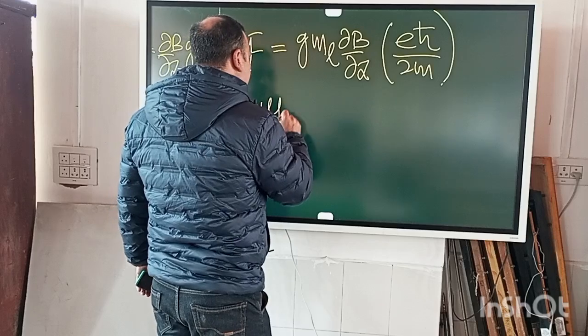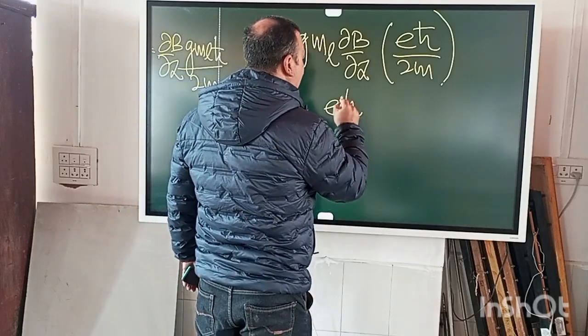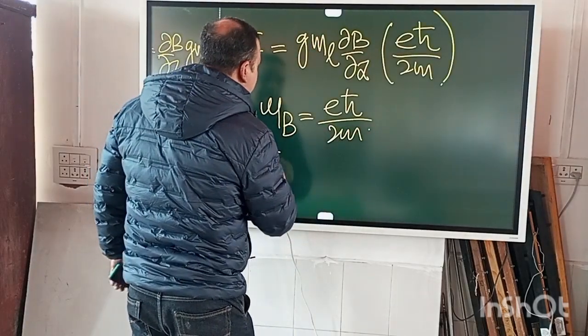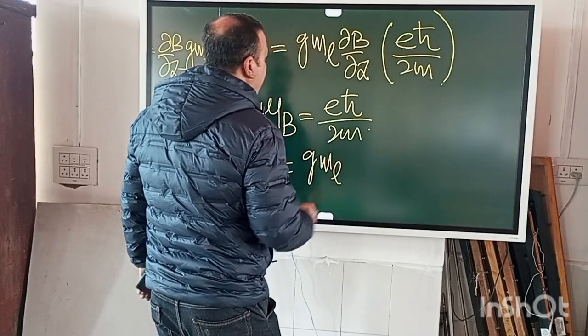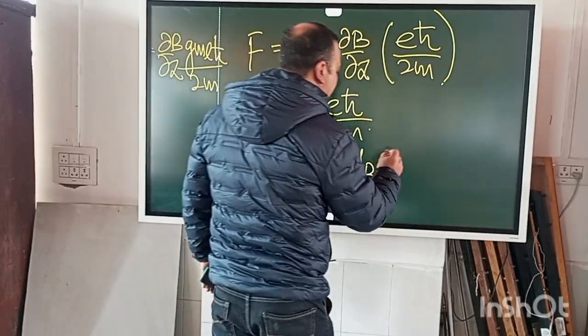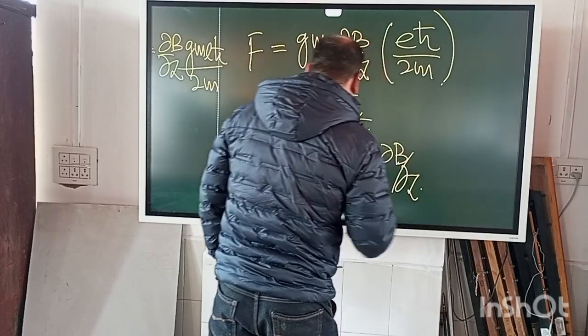So mu_B is e h bar by 2m, and F is G M_L mu_B times dou B by dou z.